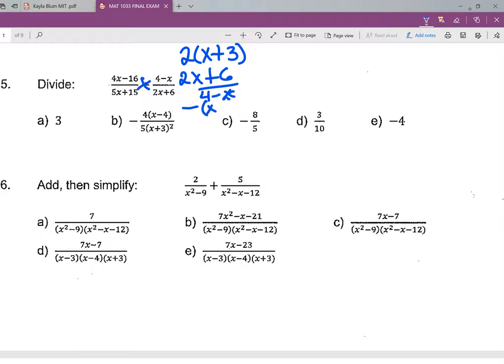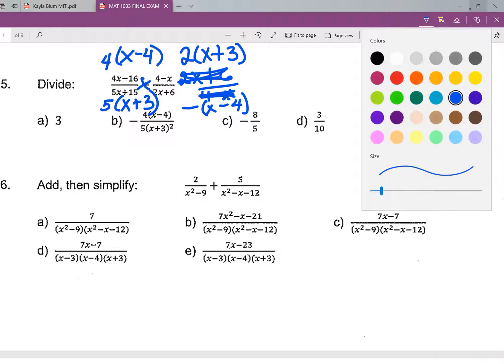And so those are your new values for those two expressions. And if I factor out the 4 here, this will give me x minus 4. So you can already see that the x minus 4s are going to cancel. If I factor out the 5, this will give me x plus 3. And again, you can see that the x plus 3 is going to cancel.